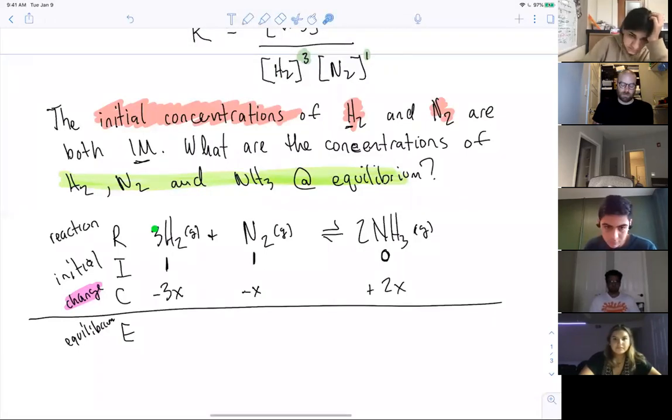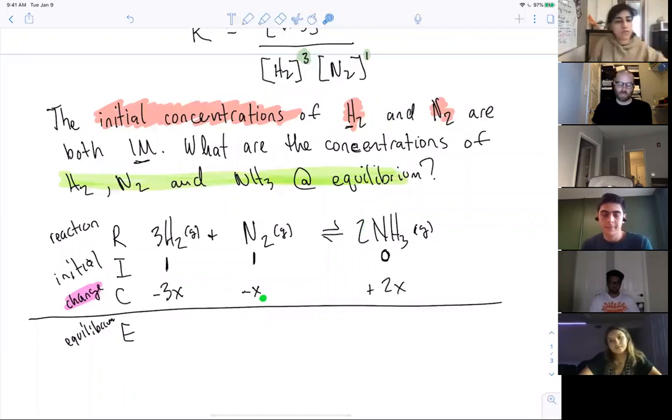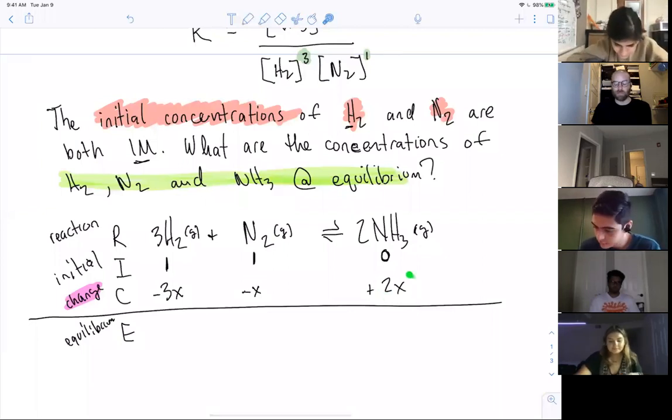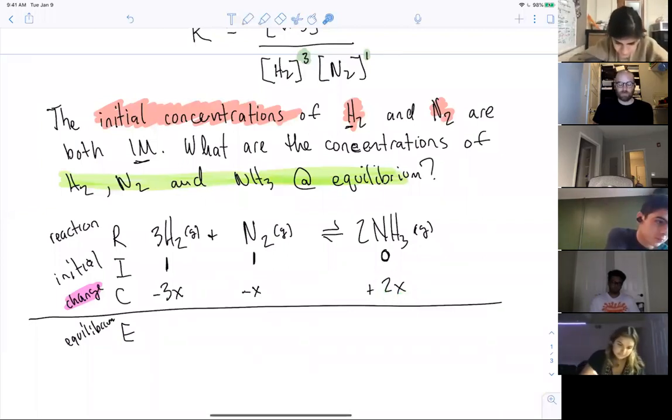These coefficients tell us the ratio, or how these things change together. This says that for every 1 mole of nitrogen I have, I'm going to form 2 moles of ammonia. So I don't know how much nitrogen is going to get converted. That's what I'm calling X. But I know that however much gets converted is going to result in 2 times as much ammonia. That's where these coefficients out front are coming from.